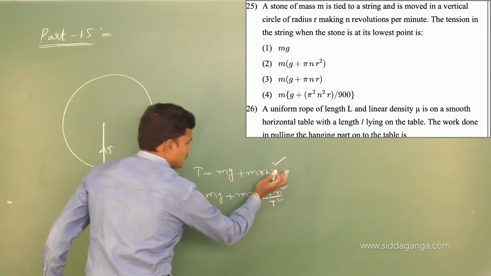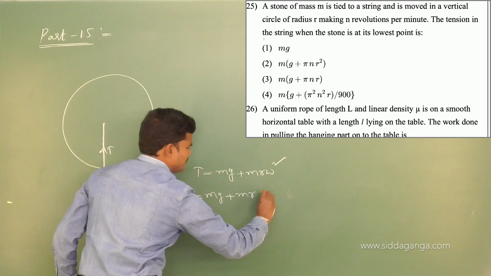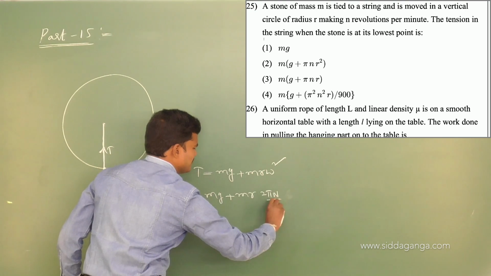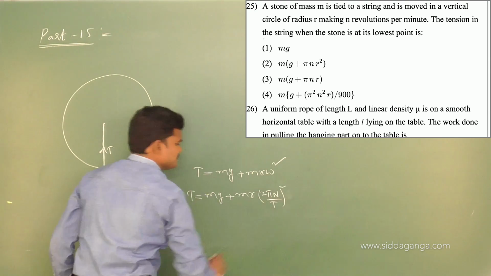You know the omega formula. Let me write the omega formula, maybe you may be confused: 2 pi n by t. I hope you remember this one.